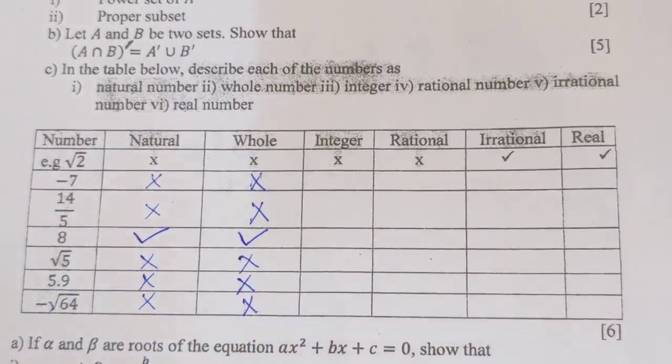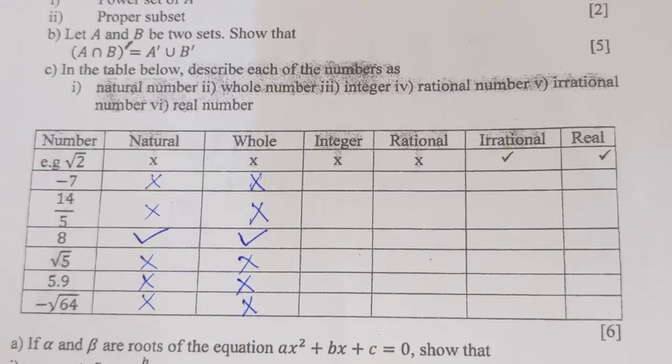What are integers? Integers are negative and positive numbers, including 0.